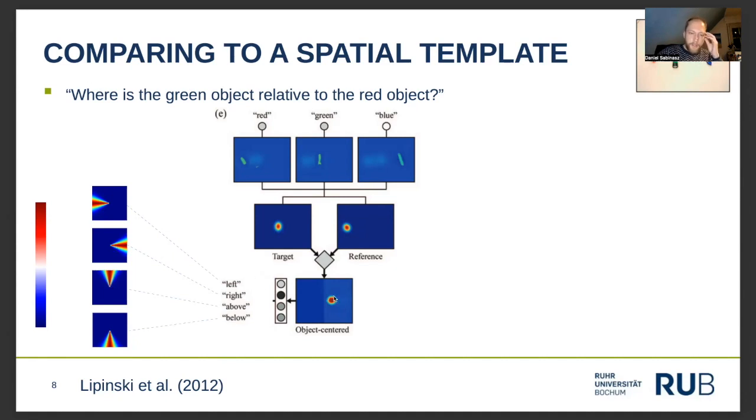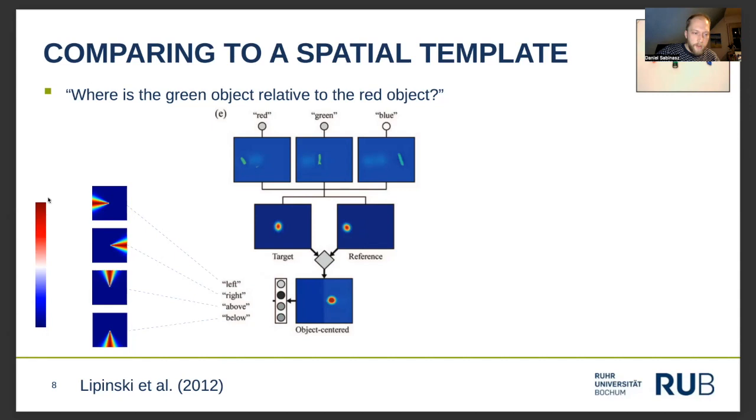So this means that if you look at this pattern here, those peaks in the object-centered field that are in the more red region, which means higher synaptic connection weights, would provide more input to the right node than those locations in this blue region, which means low synaptic weight, right?